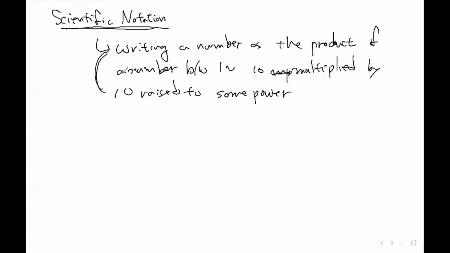This is the definition. Writing a number as the product of a number between 1 and 10 multiplied by 10 raised to some power. So it is used to express very large numbers or very small numbers as powers of 10.